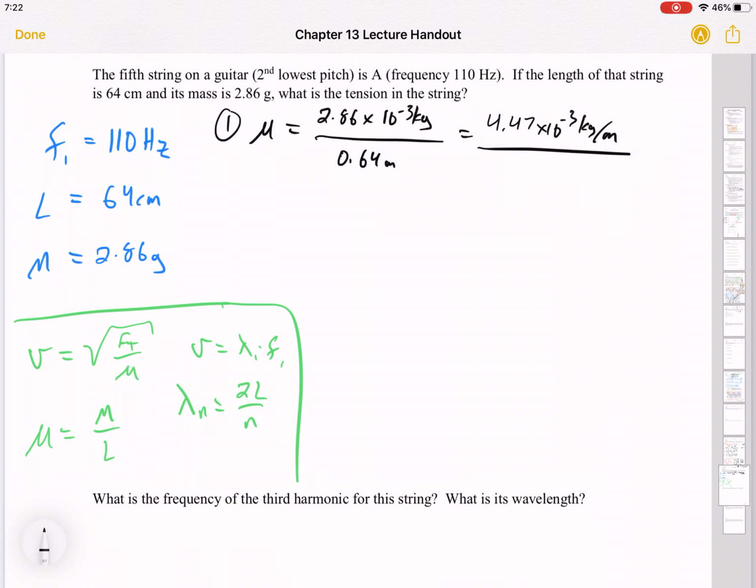What about my wave speed? Wave speed is lambda 1 times f1. f1 we have directly, and lambda 1 I have an equation for: lambda 1 is 2L over 1, times f1.